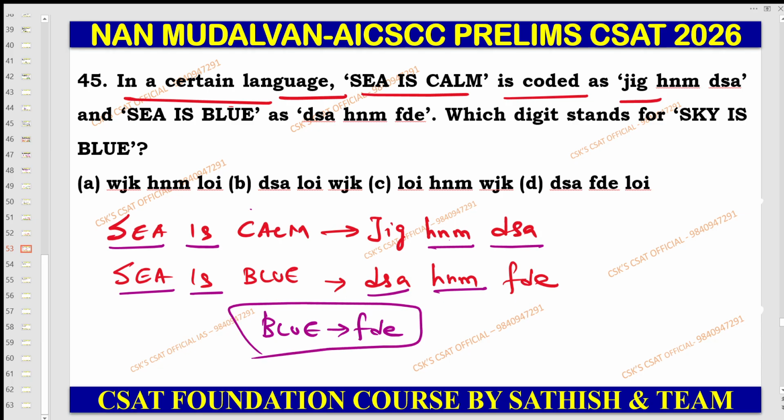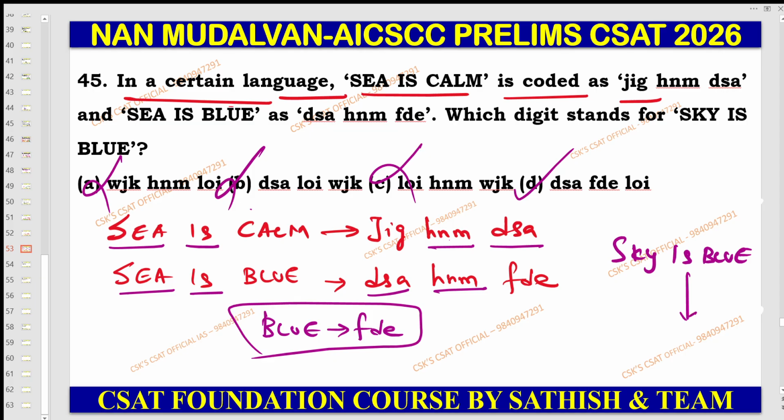Check with the option. Sky is blue. Does any option contain FDE? Only one option contains FDE. So you have to take the most logical one as the answer. If you see this one, here is the common.